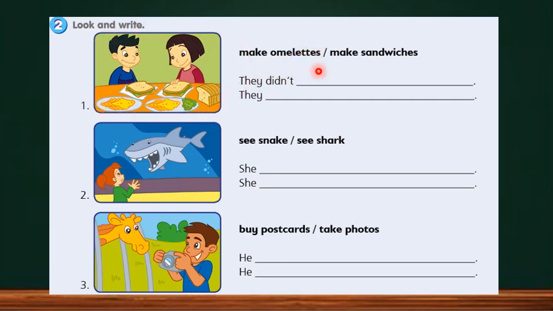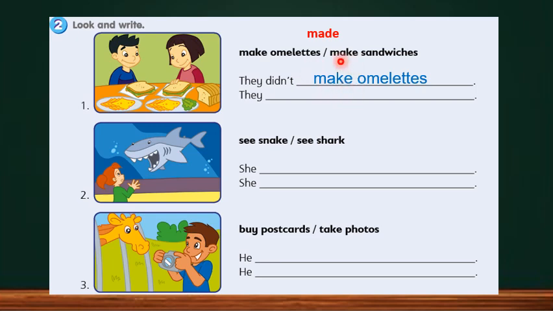Let's look at question 1. The past tense for make is made. It becomes M-A-D-E in past tense. What did they do? They didn't make omelets. Please pay attention to this word make.